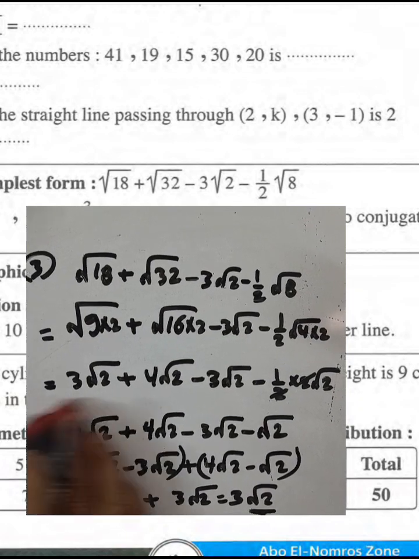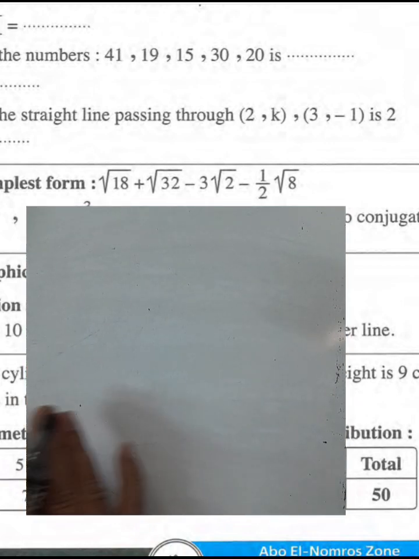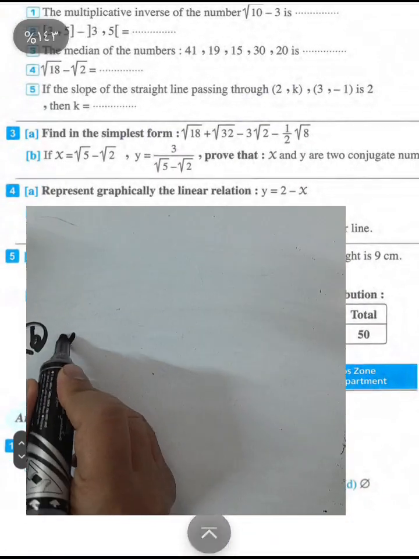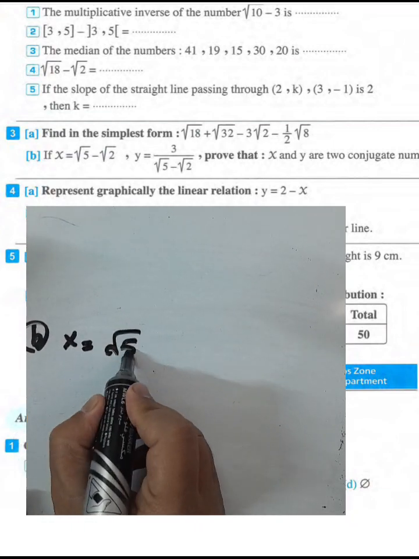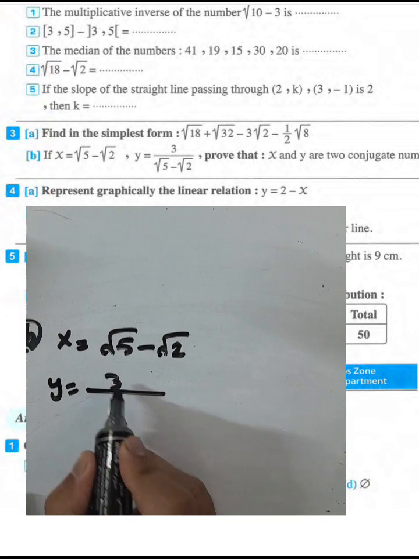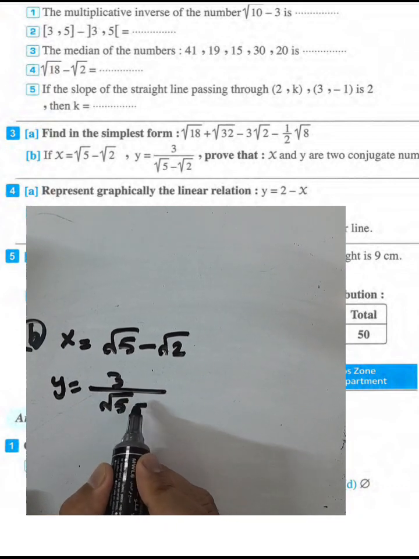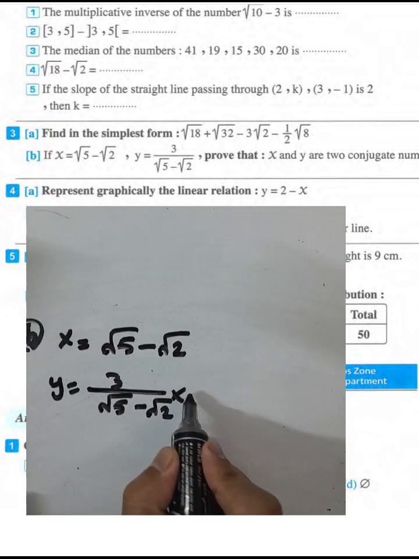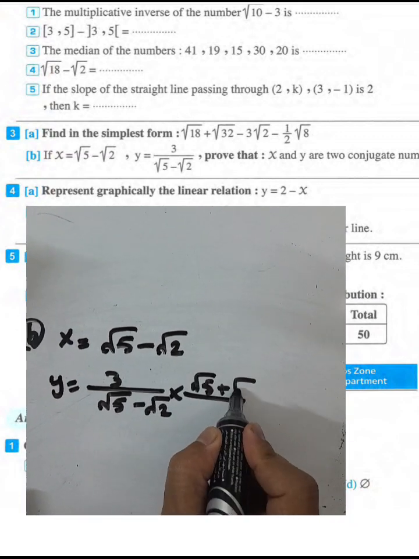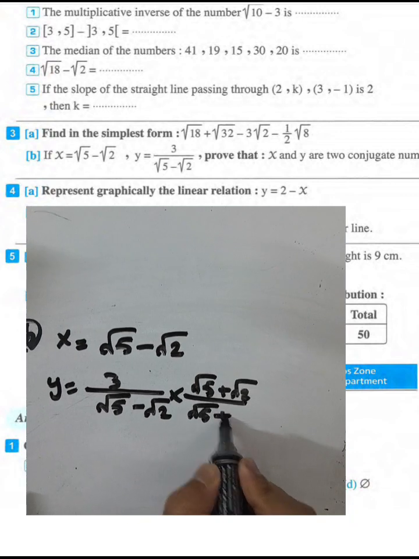Question letter B. If x equals root 5 minus root 2 and y equals 3 over root 5 minus root 2, multiply by the conjugate of the denominator, root 5 plus root 2, in the numerator and denominator.